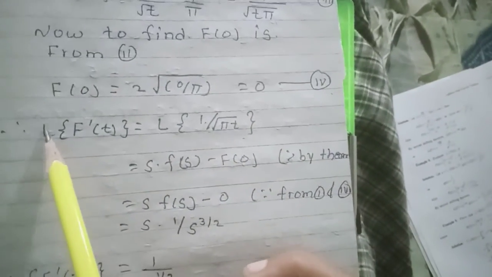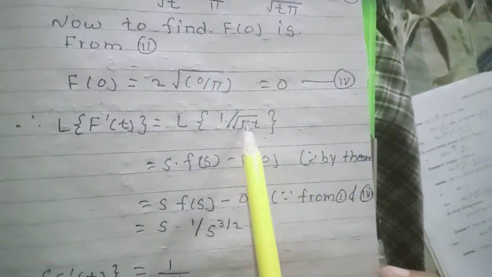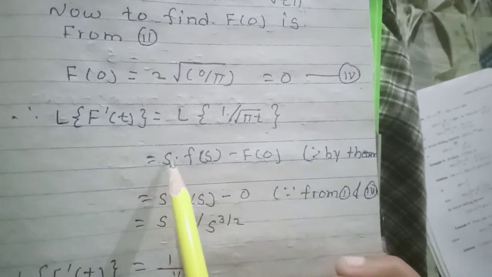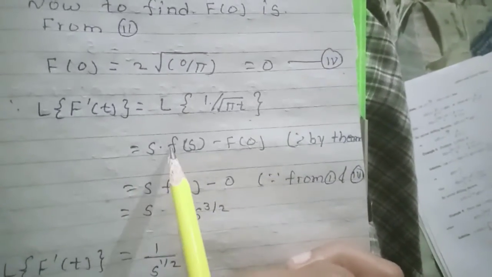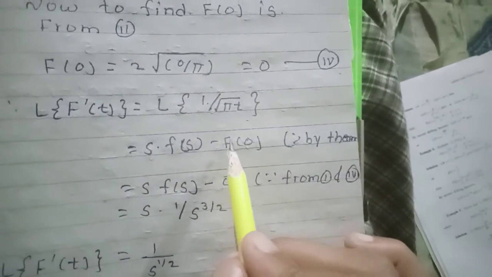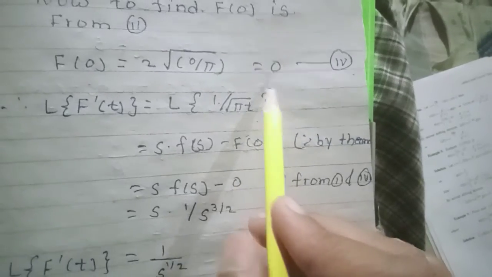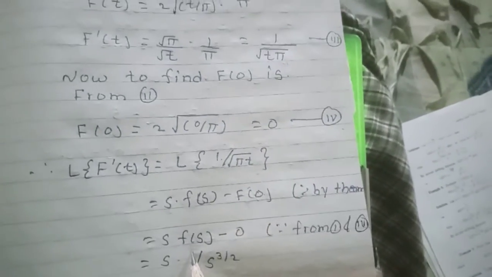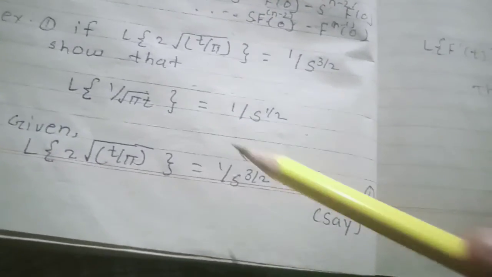So the Laplace transform of f dash of t, which is the Laplace transform of 1 upon root of pi t, is equal to s into F of s minus f of 0. Here f of 0 is 0, and F of s is 1 upon s raised to 3 by 2.